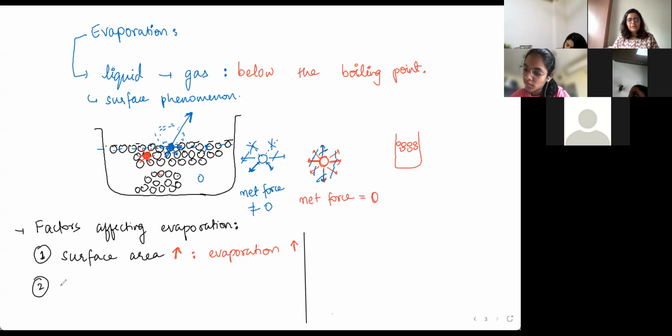Next, temperature. How do you think temperature affects evaporation? If we increase the temperature, it increases evaporation. Yes, increases evaporation. If temperature is already high, it means the motion of the molecules is already high.